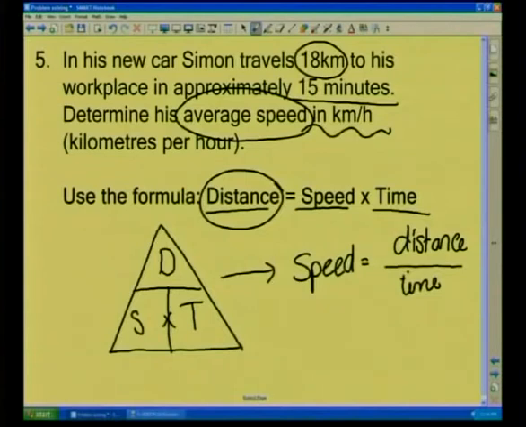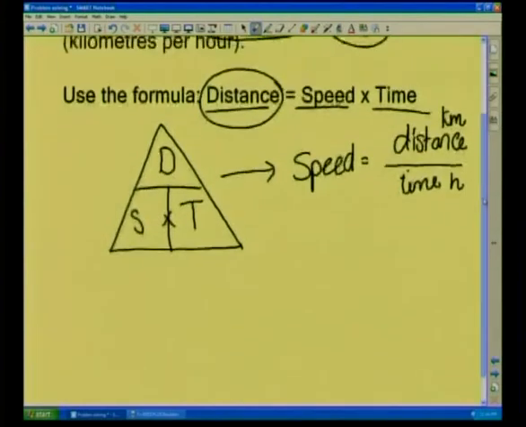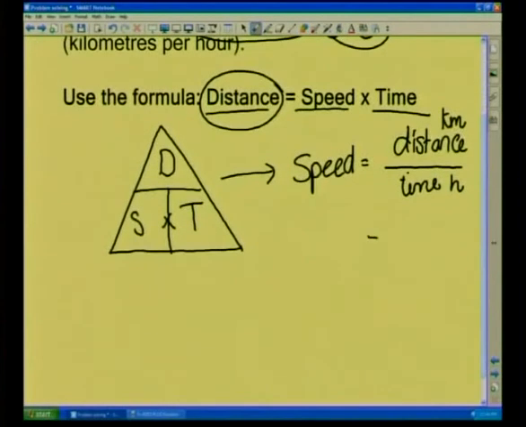Please note that because we want it in kilometers per hour, my distance needs to be in kilometers and my time needs to be in hours. Otherwise, it's not going to work. Right, our distance is 18 kilometers.